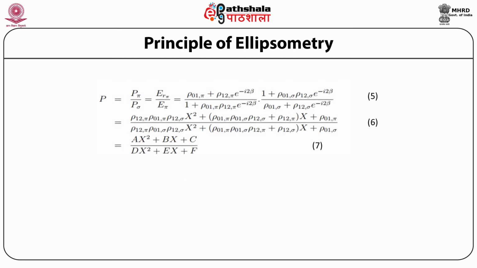P is equal to P pi by P sigma, equals ER pi by E pi into E sigma by ER sigma.